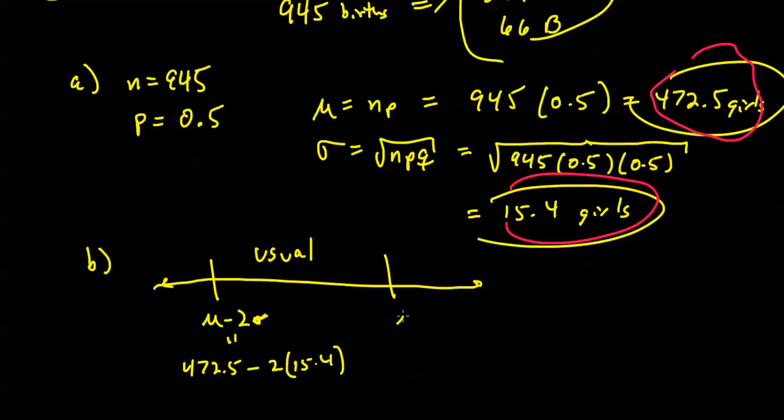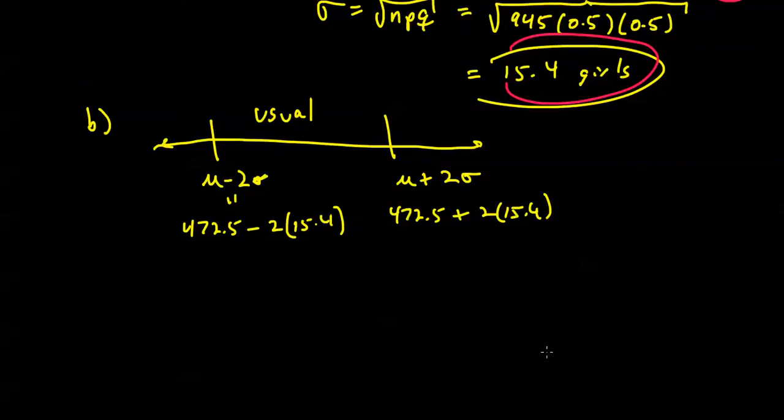On the high end, I'll get mu plus 2 sigma. That's going to be 472.5 plus 2 times 15.4. And if I punch these out on my calculator, I get a lower bound for usualness of 441.7 girls and a maximum value of usualness of 503.3 girls. Okay, so this answers the question cited in part B.